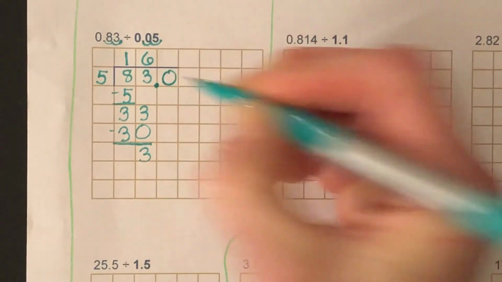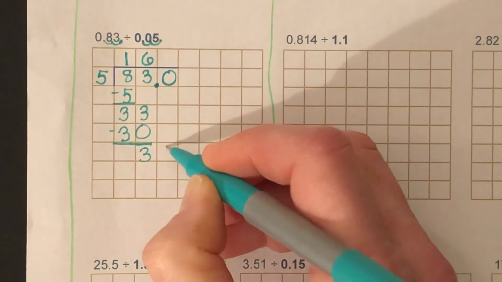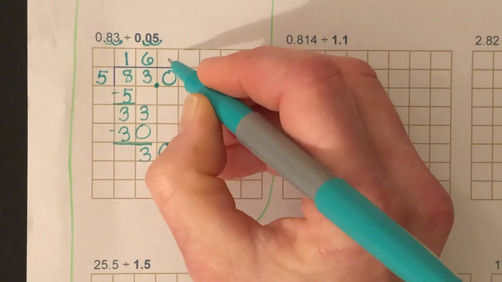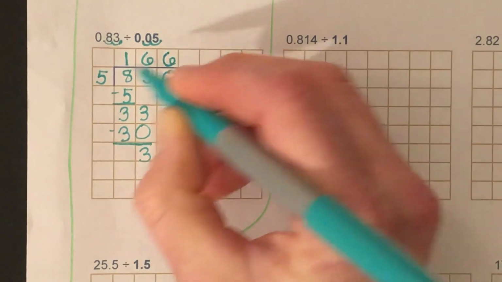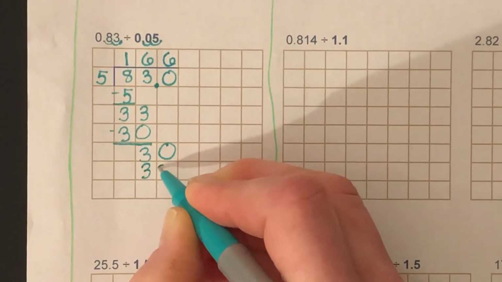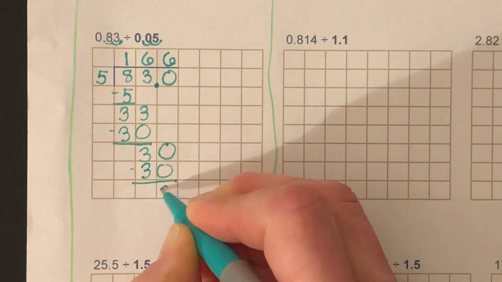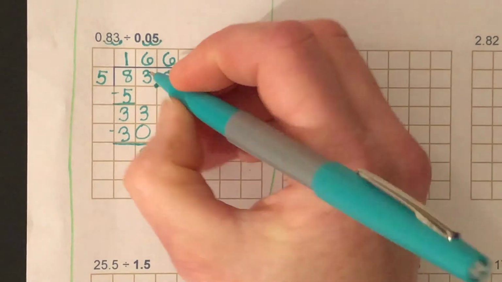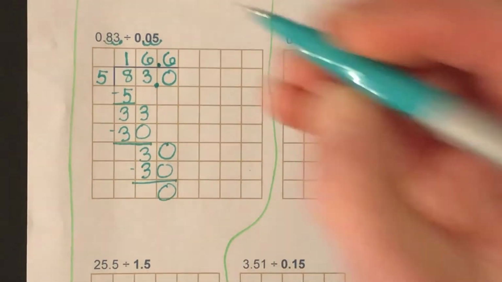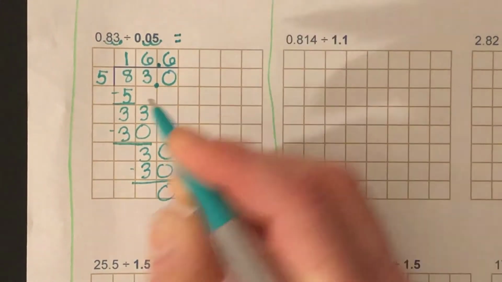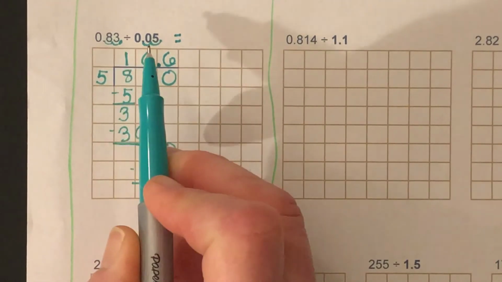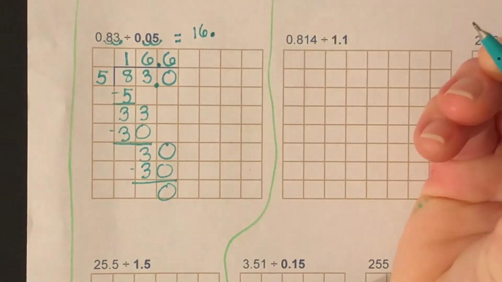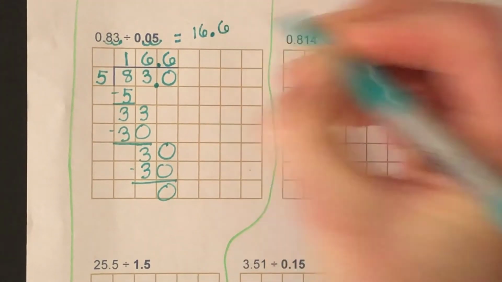Then I can stick in a 0, which I'll then bring down. 5 goes into 30 6 times. 6 times 5 is 30 with no remainder. Now I'll come back up, bring my decimal up and put it in my quotient. And the answer of 83 hundredths divided by 5 hundredths is 16 and 6/10.